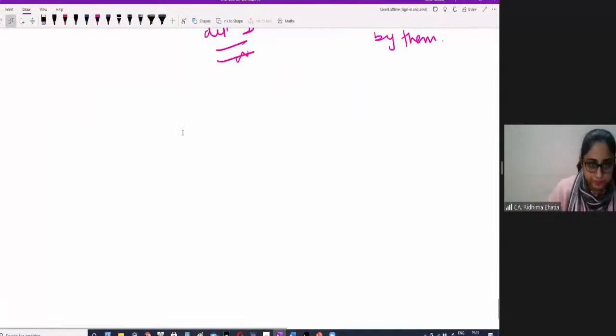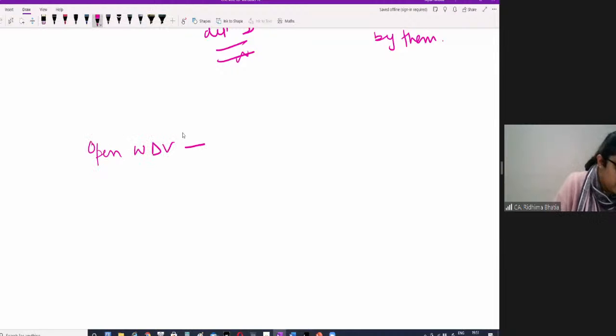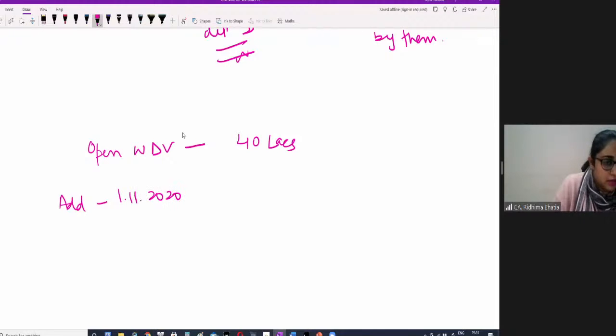Now, let's take an example. This is an example of your question only. There is SCI Limited which has an asset. Opening WDV for them on 1st April 2020 is 40 lakhs. Then there was an addition on 1st November 2020 of 14.4 lakhs.